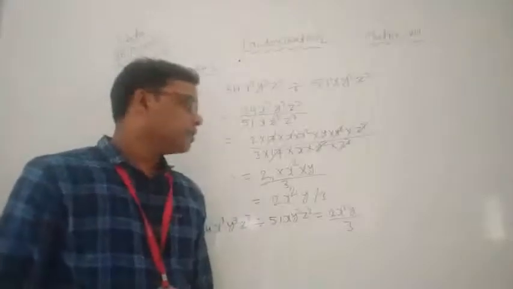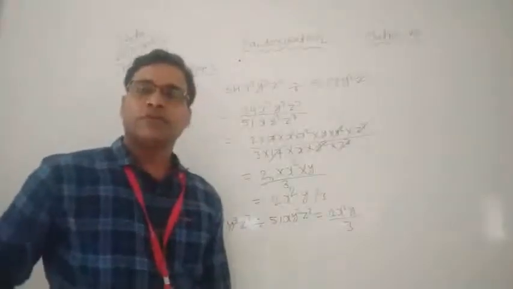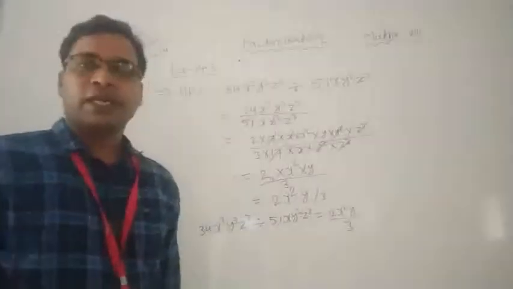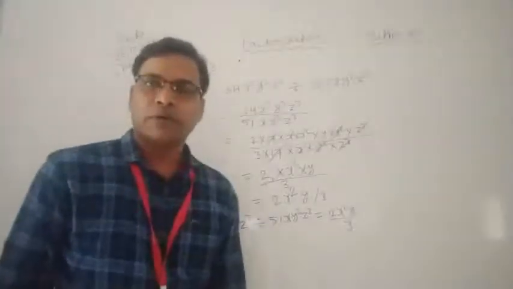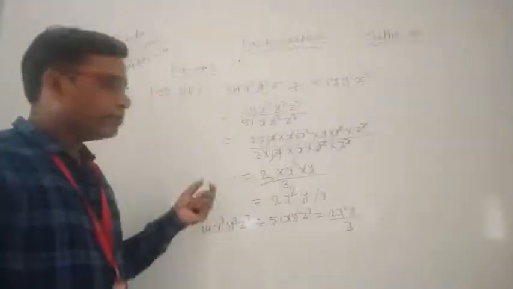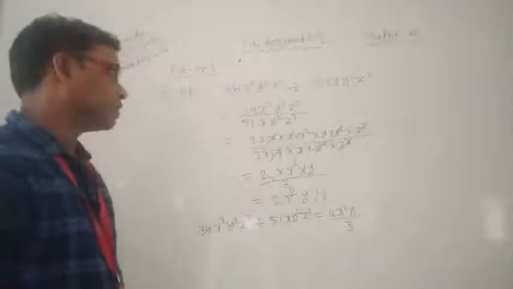You can solve this also by using the law of exponents. Okay, this is the case of division. In the case of division, the power will be subtracted. So now we are going to solve again by using the law of exponents. Clear?